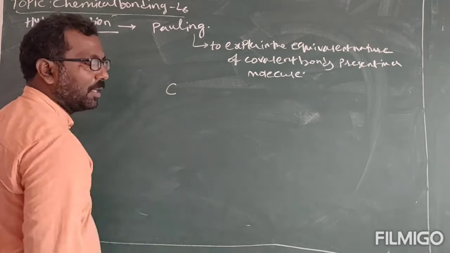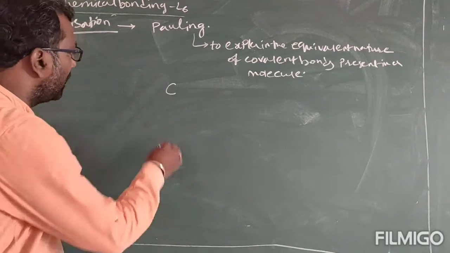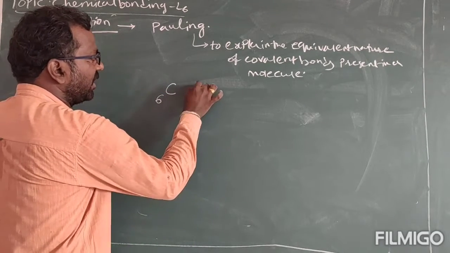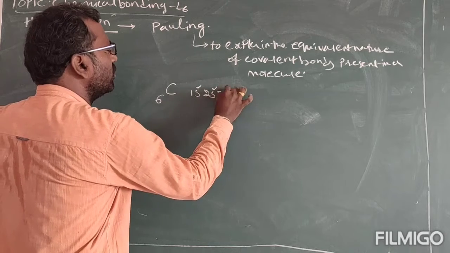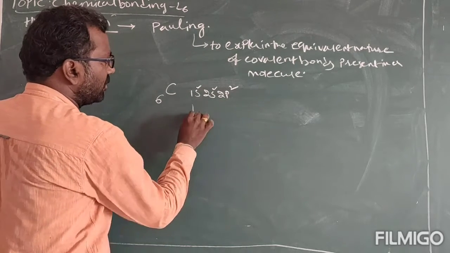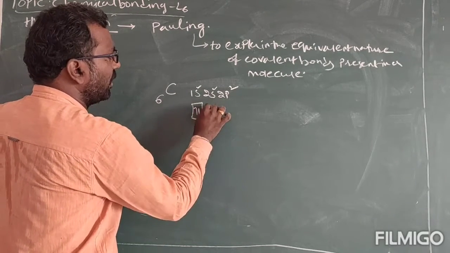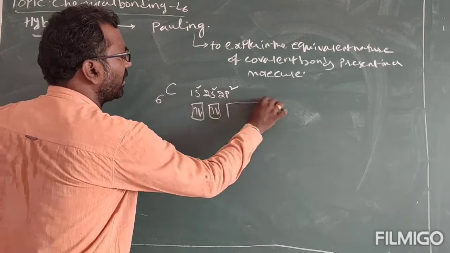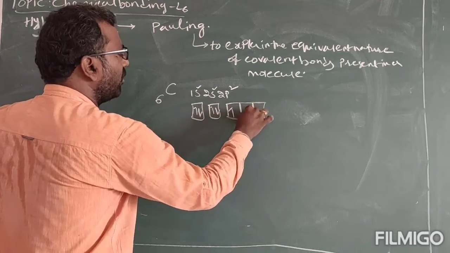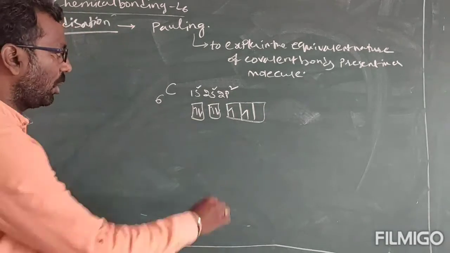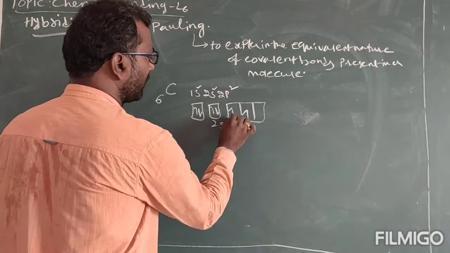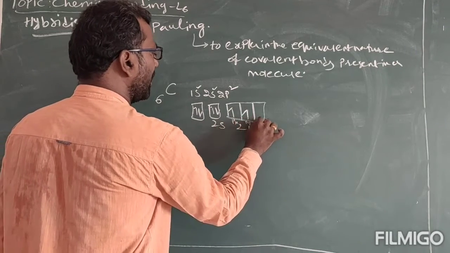For this, I will give you one example. Suppose you consider carbon, atomic number 6: 1s2, 2s2, 2p2. In 1s you have 2 electrons, in 2s you have 2 electrons, and in 2p you have only two, with px, py and pz.